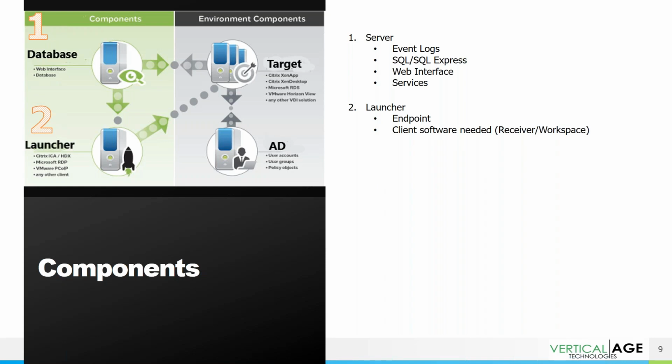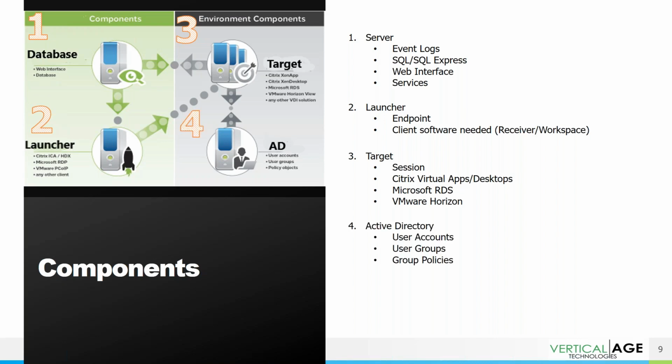This typically contains a Receiver or Workspace. The third is the target, which is the actual session that is being generated. This can be Citrix Virtual Apps and Desktops, Microsoft RDS, and VMware Horizon. And lastly, the fourth component, Active Directory. This will contain the user accounts that are being used, any groups or group policies involved.